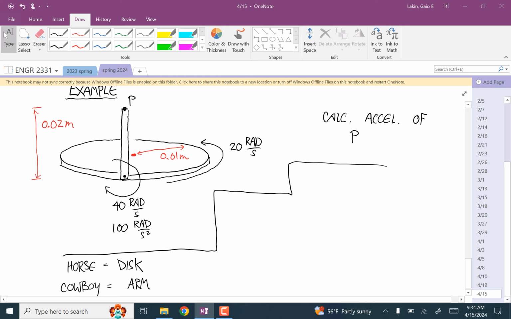And now ask yourself, does the orientation of the horse affect the axis of rotation of the cowboy? It does. All you have to do is imagine two different orientations 90 degrees apart or something like that, and think, does the axis of rotation of the thing that's riding change? Here, the axis of rotation is into the board. If you went over here, the axis of rotation would be sideways. So yeah, that means we have to use a rotating coordinate system.